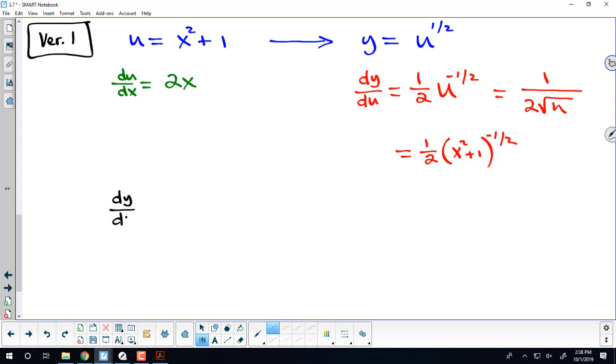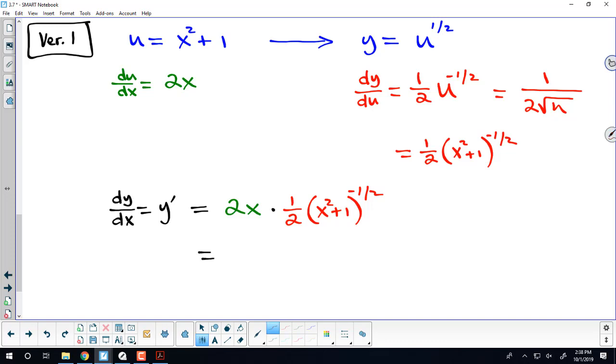So y prime is the derivative here, 2x, times the other derivative, 1/2 times x squared plus 1 to the negative 1/2. Right.